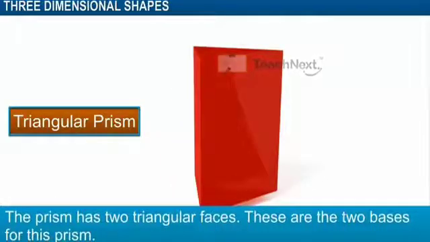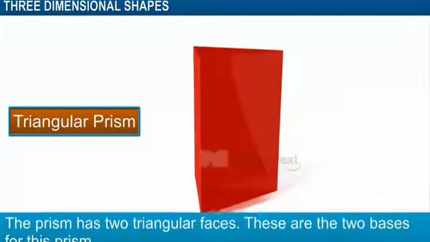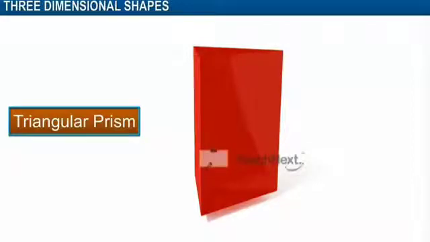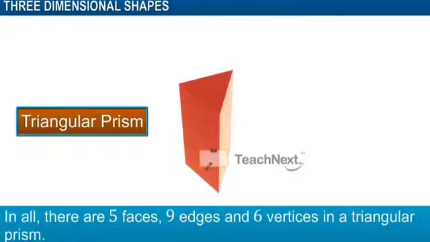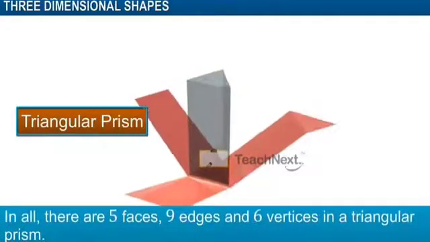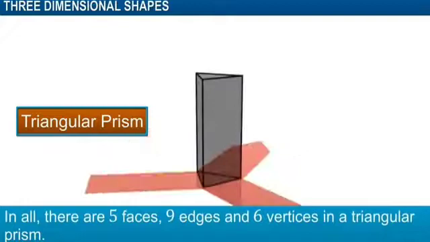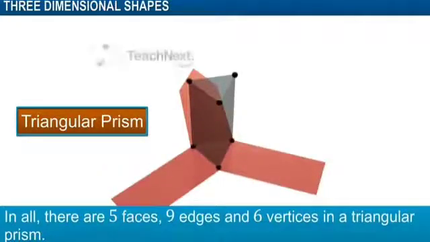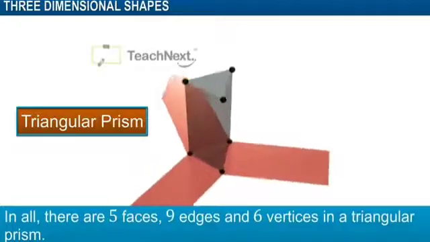The 2 triangular faces of the prism are called its bases. The rectangular faces form the lateral surface of the prism. In all, there are 5 faces, 9 edges, and 6 vertices in a triangular prism.